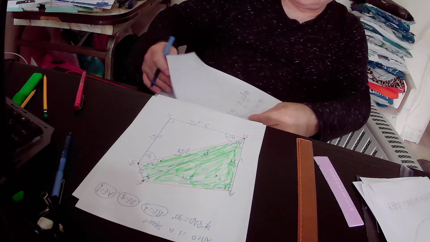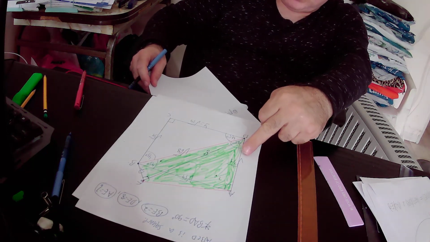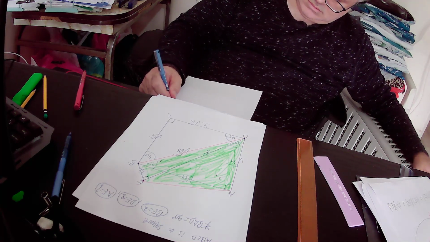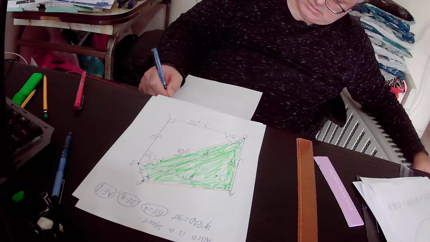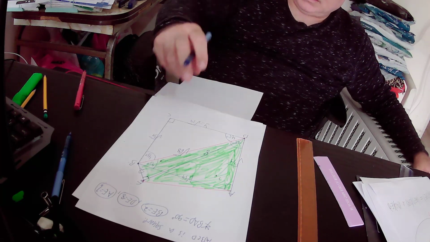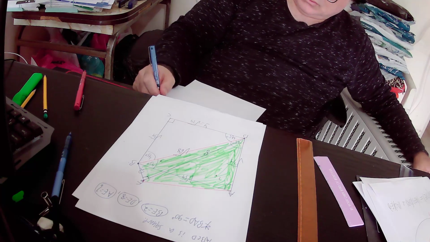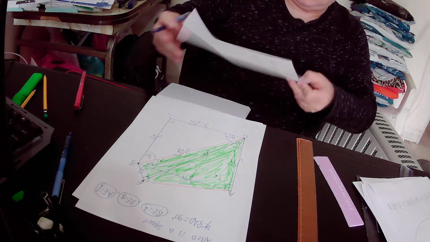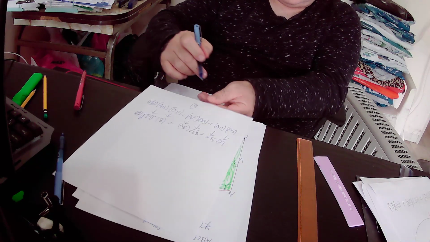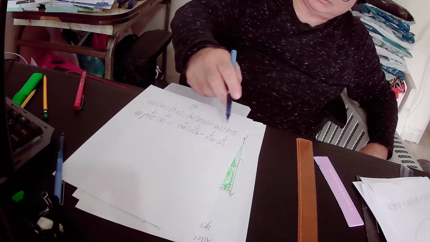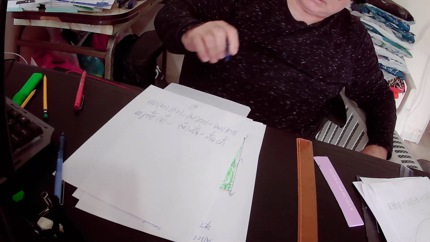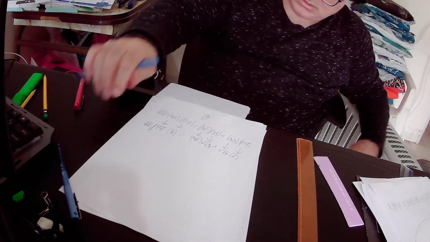And what is AD? AD equals the square root of 34 units. Times EB. EB equals 2 units according to what is given in the question. I repeat, AD equals the square root of 34 units, and EB equals 2 units.